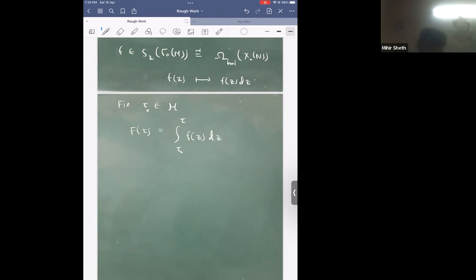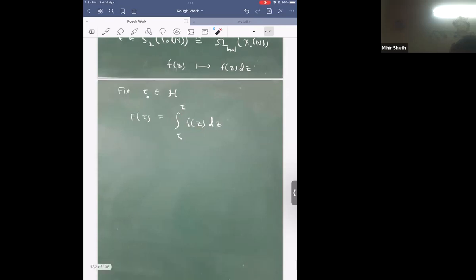Since f is a modular form, it is holomorphic on the upper half plane, so this integration does not depend on the path chosen from tau_0 to tau. So F is a function from the upper half plane to the complex numbers.